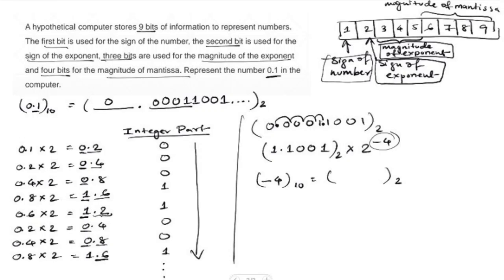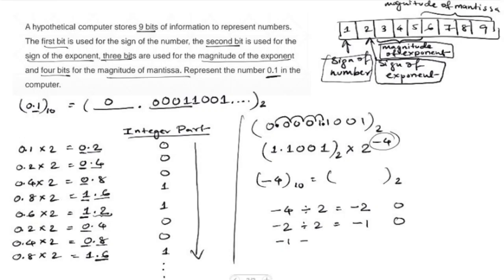So this is in base 10 and we have to make it base 2. So we take minus 4 divided by 2, we get minus 2 as the quotient and the remainder is 0. Then minus 2 divided by 2 gives minus 1, the quotient, and the remainder is again 0.